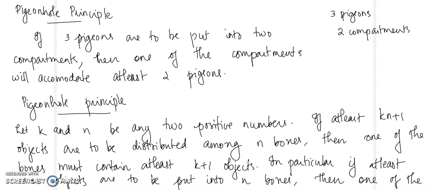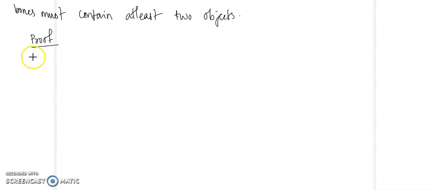So now let us look at the proof for the pigeonhole principle. The proof is by contradiction. We need to prove that there is a box which contains at least k+1 objects.